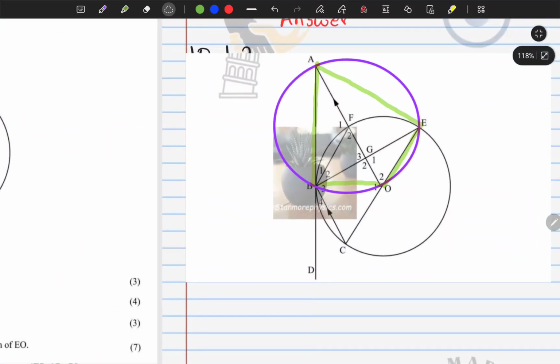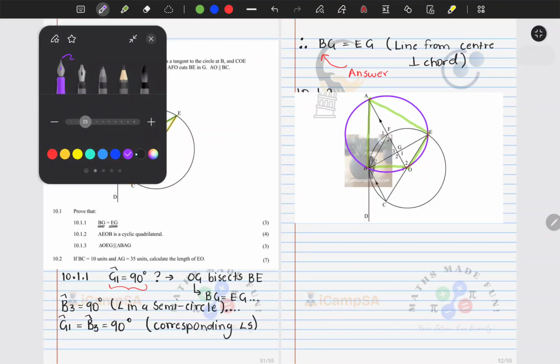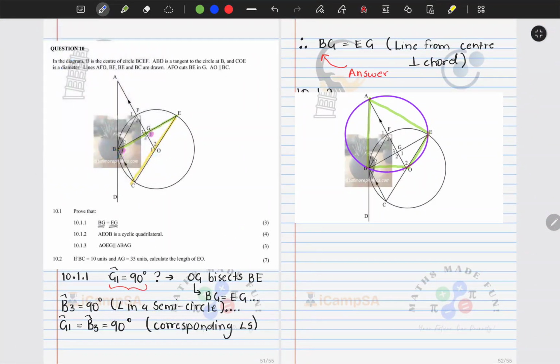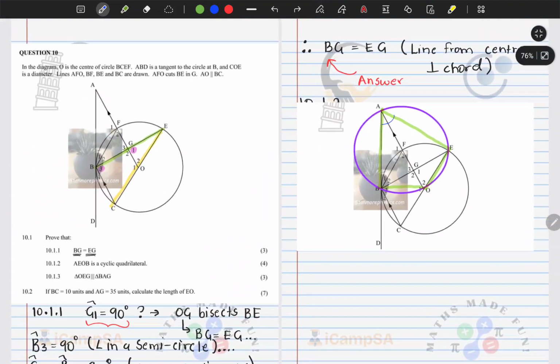That is another thing that you can possibly use. If you observe carefully, there are a couple of things that we are exposed to, which we can use. So we can either try to show that this entire angle plus that one will give us 180 degrees, or we can try something else.